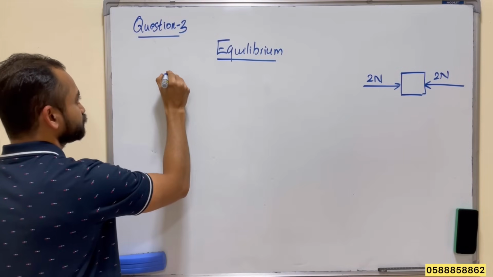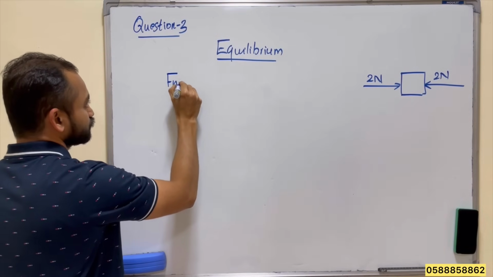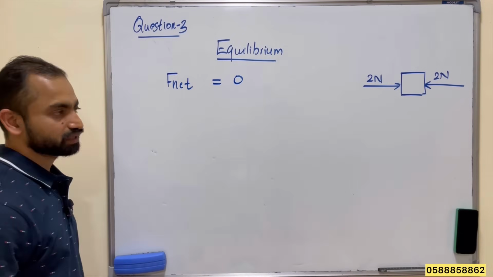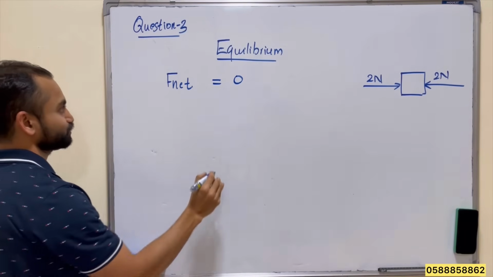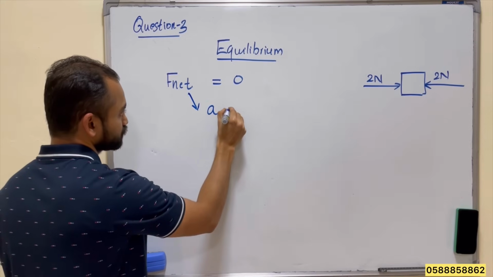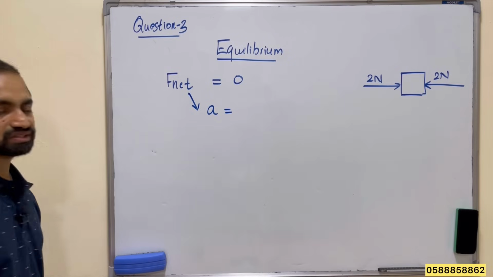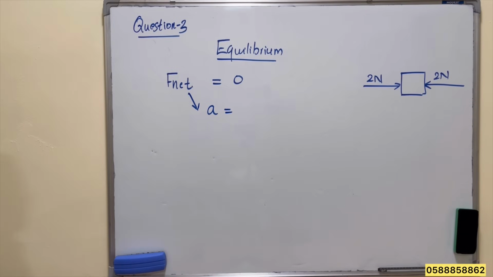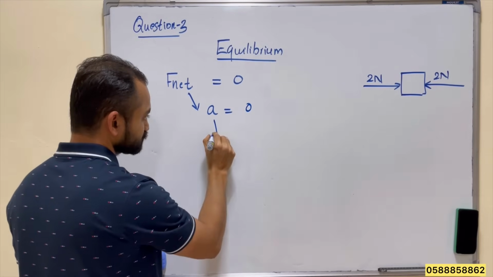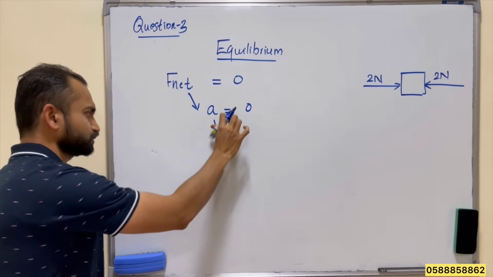So equilibrium means the net force acting on the object is equal to 0. If the net force acting on the object is 0, then what about the acceleration of the object? We said acceleration is the child of the net force. If net force is 0, acceleration will be 0. If acceleration is 0, what happened to the object?